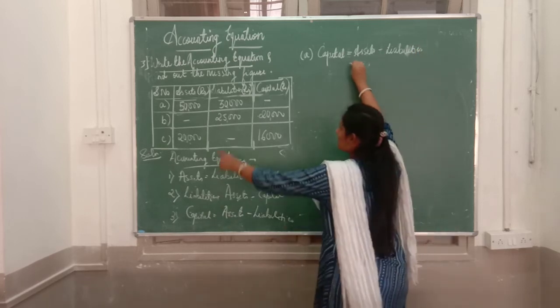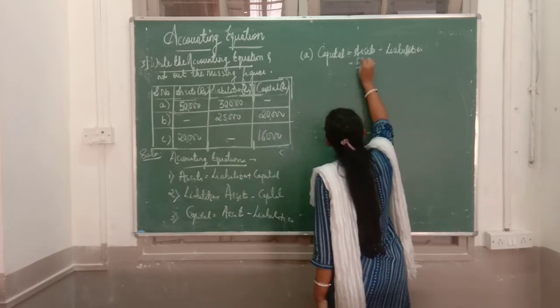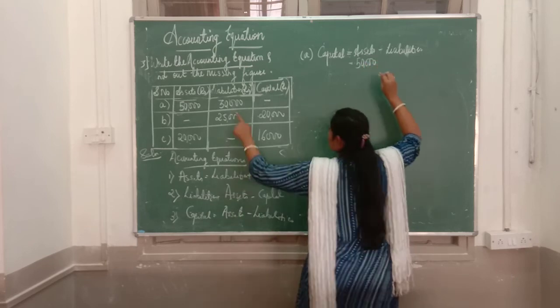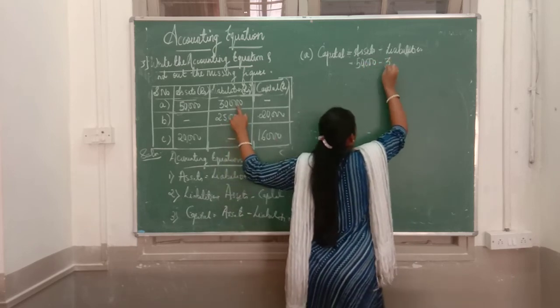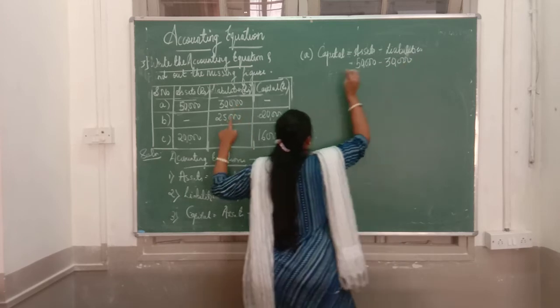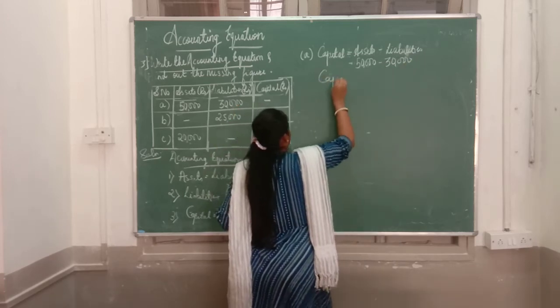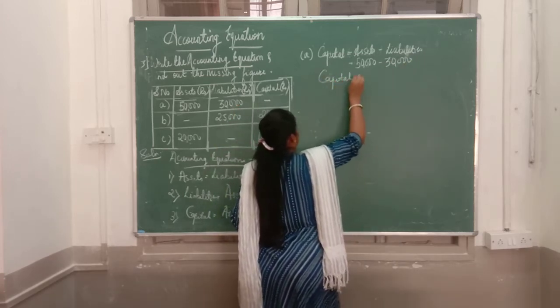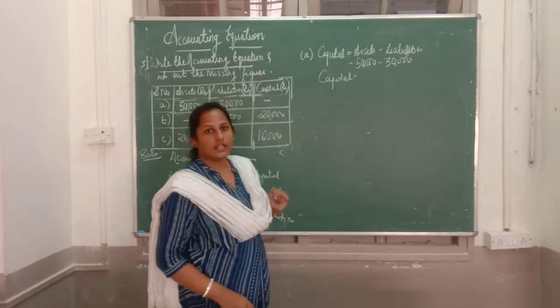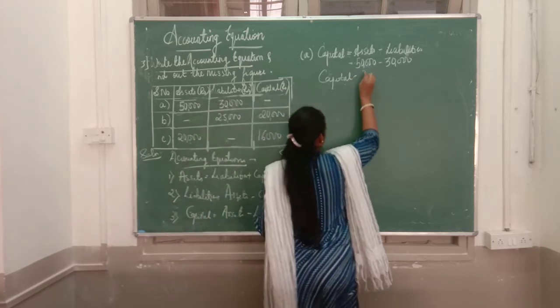Yes, how much is assets here? 50,000. Liabilities is 30,000. Yes, so what is the total capital? Therefore, capital is equal to 50,000 minus 30,000 is 20,000.